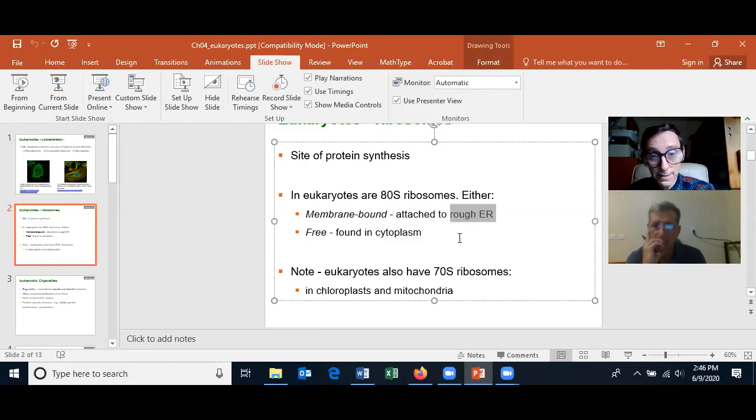And that's how we distinguish the rough endoplasmic reticulum from the smooth endoplasmic reticulum. The smooth endoplasmic reticulum does not have any ribosomes attached to it.